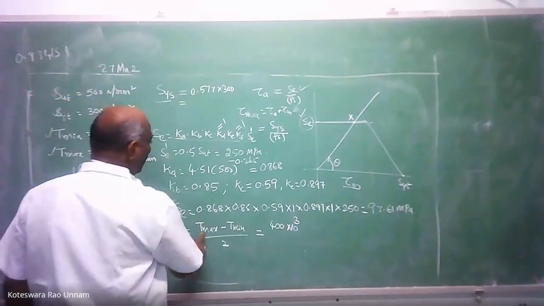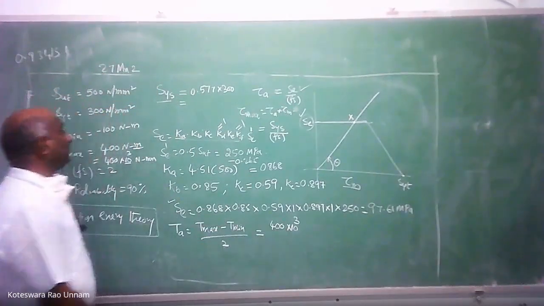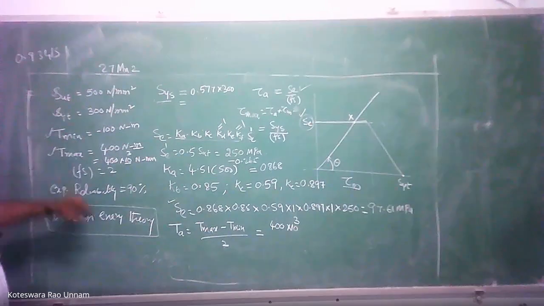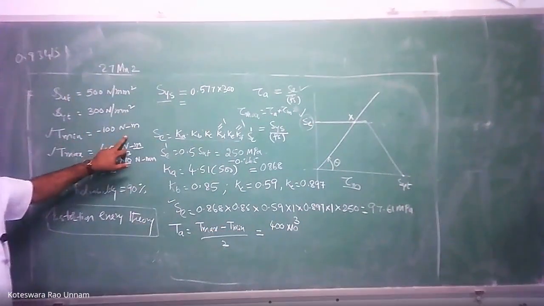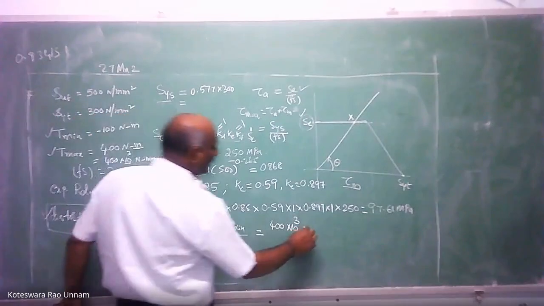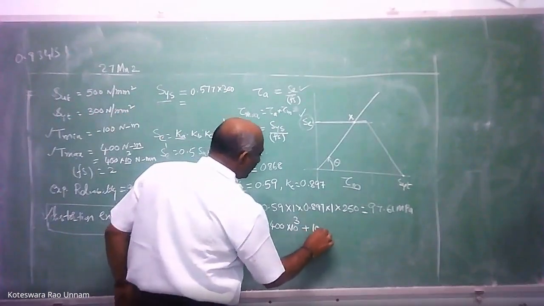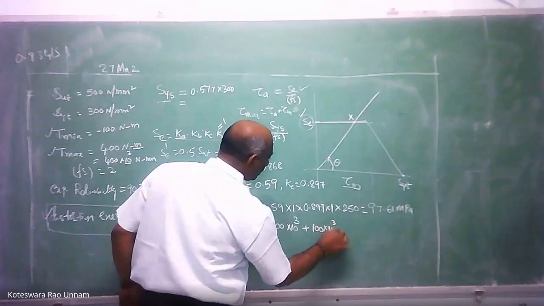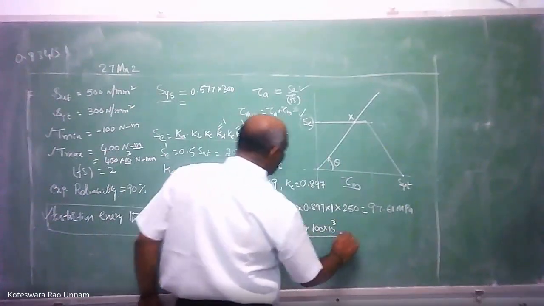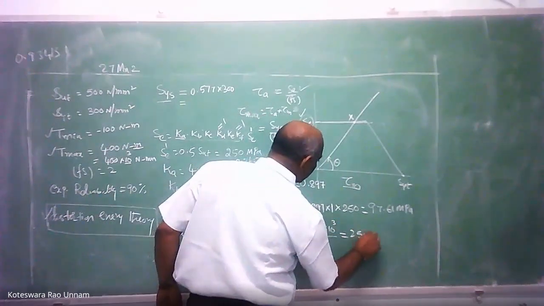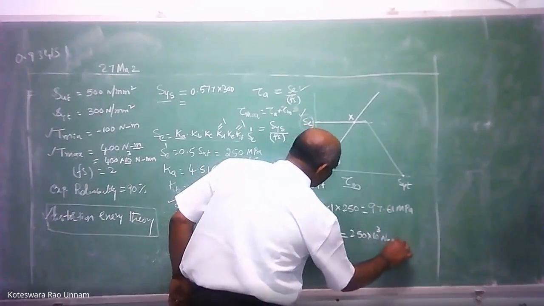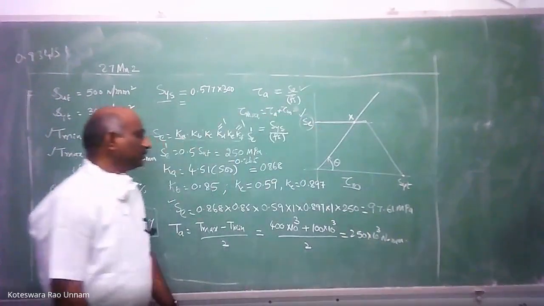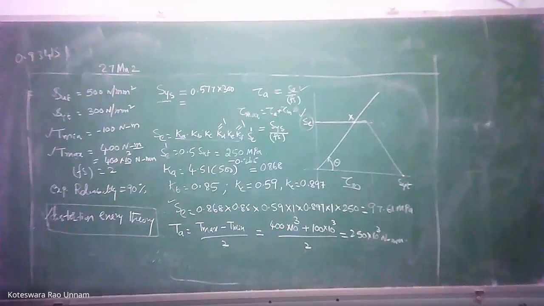So TA is 400 into 10 cube, minus T minimum. T minimum is minus 100 Newton meters, so minus of minus gives plus 100 into 10 cube, divided by 2. Which is going to be 250 into 10 cube Newton mm.